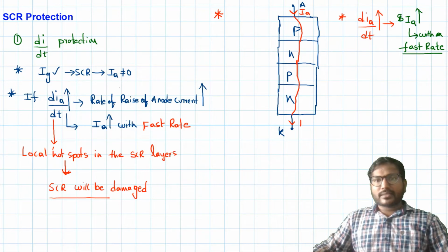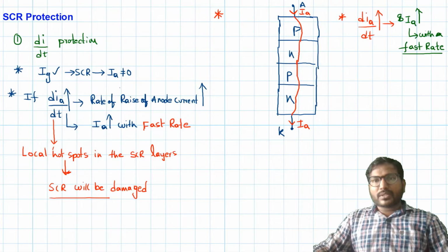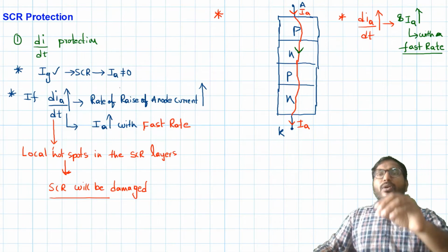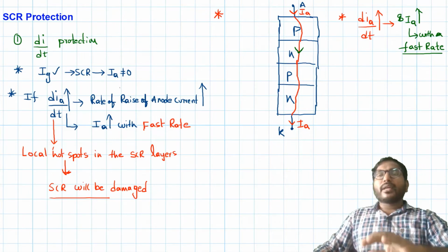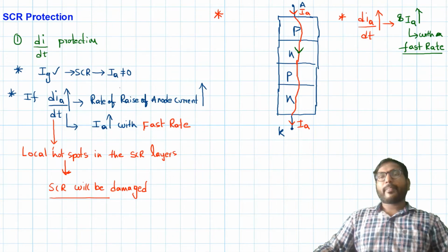This is the narrow path of the anode current through the SCR layers, due to high dI/dt.